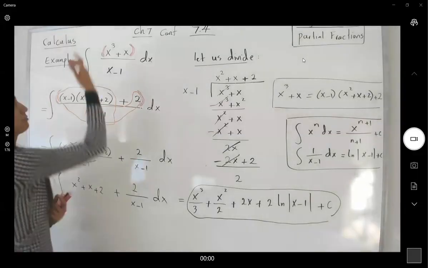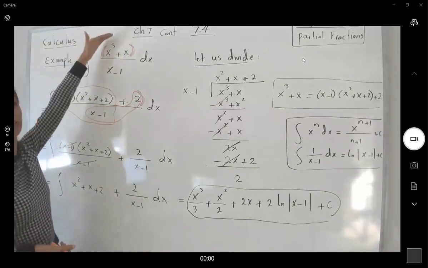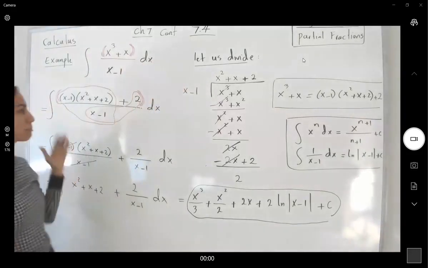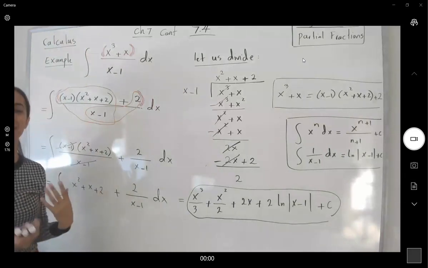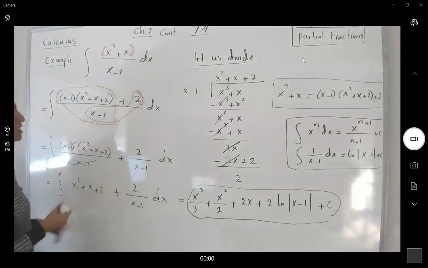So note that when we have a higher power on the numerator, you're allowed to do the long division and break down the integral into smaller pieces, a simpler format, so we can easily calculate the integral.